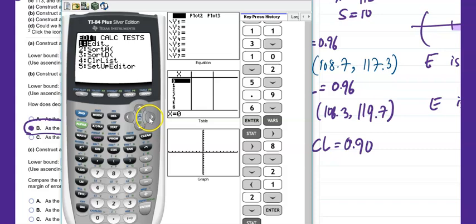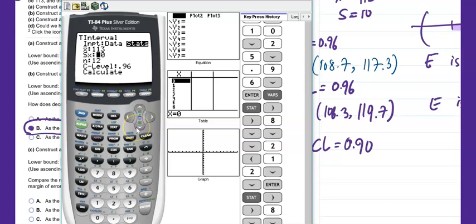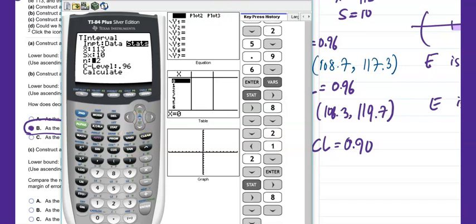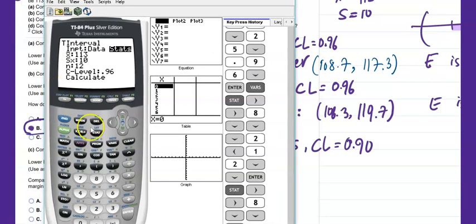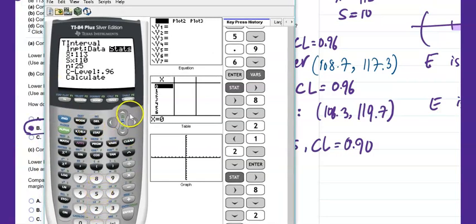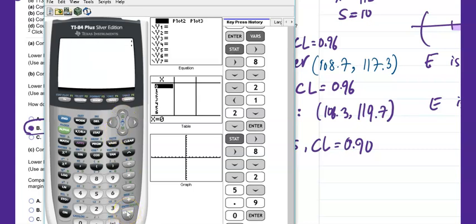You do STAT, TEST, number 8, choose the Stats option, and use the same mean and same standard deviation. The sample size is 25 and CL is 0.90. Then you calculate and you get the interval, which is 109.6 and 116.4. Let's find the interval here.